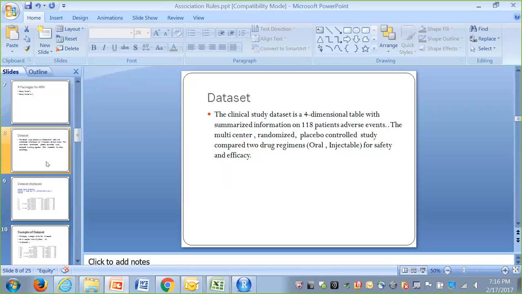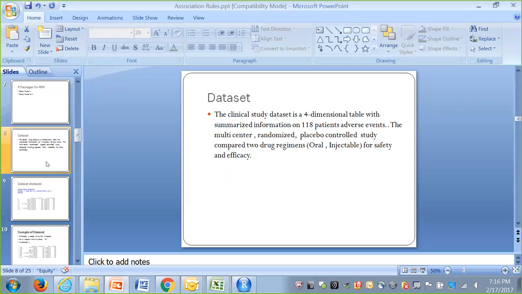This particular study was randomized, and it was double-blind. So we knew that it had a placebo, and it had two different drugs. One was an oral and one was injectable, but we didn't know which one, nor did we know which drug the patient was taking, and we also didn't know from a patient perspective who that patient was.